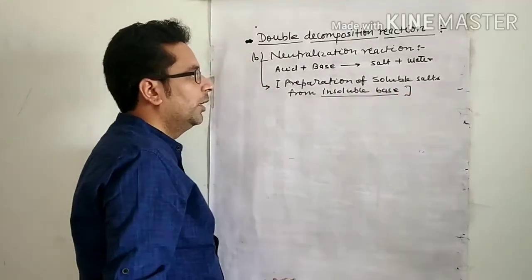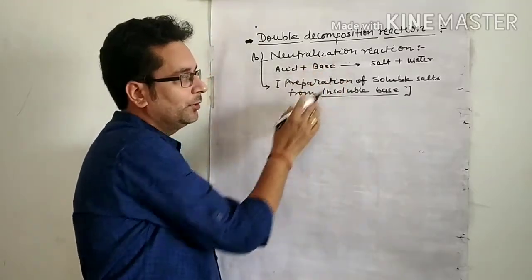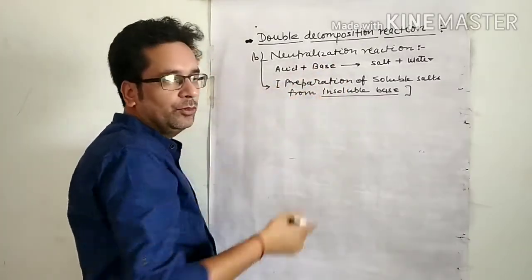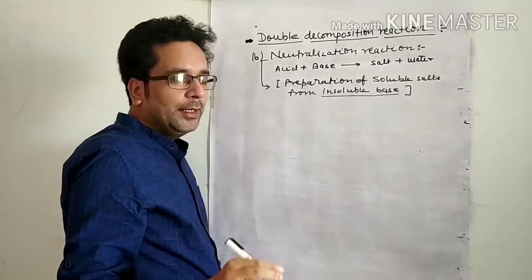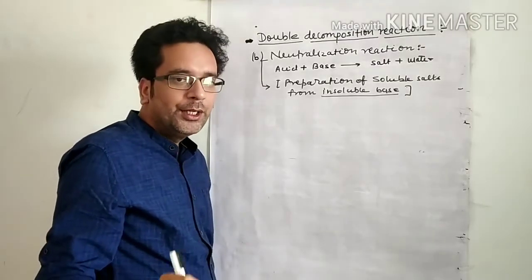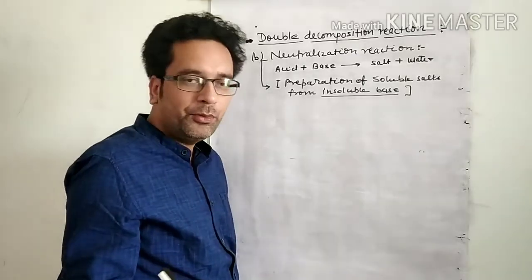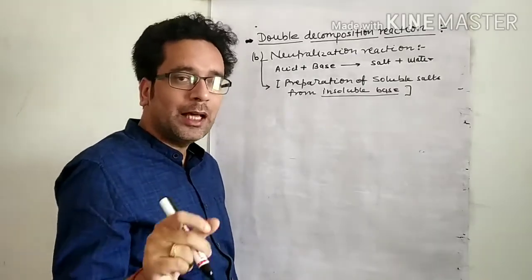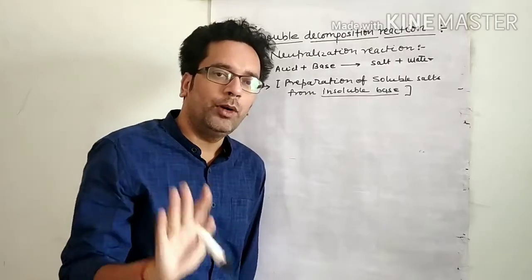Neutralization reaction is also defined as acid reacts with base to form salt and water, and neutralization reactions are those double decomposition reactions in which two new substances are formed: one is soluble salt and the other is water.